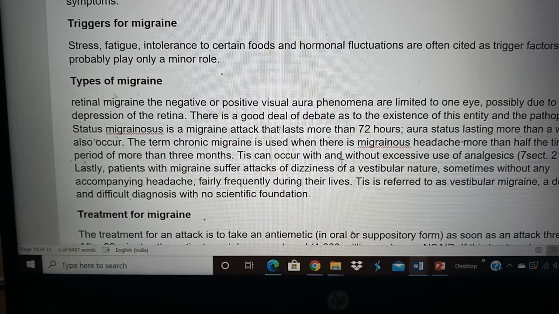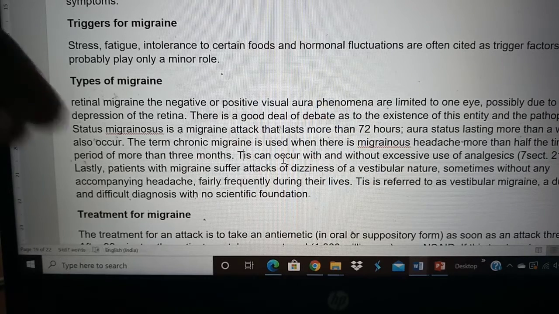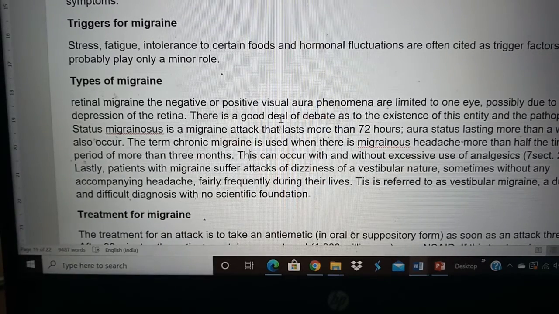Okay, so chronic migraine usually lasts for more than 3 months, and one of the best methods by which it can be controlled is with the use of analgesics. Pain relief drugs can be given, and that can help to reduce the migraine to a certain extent.